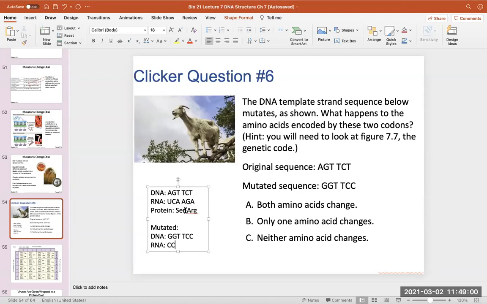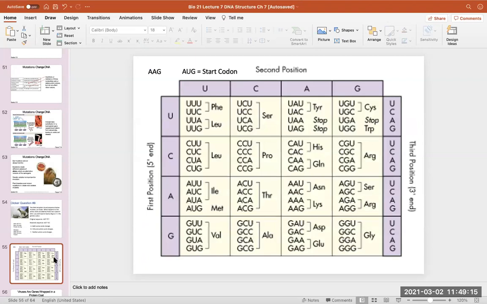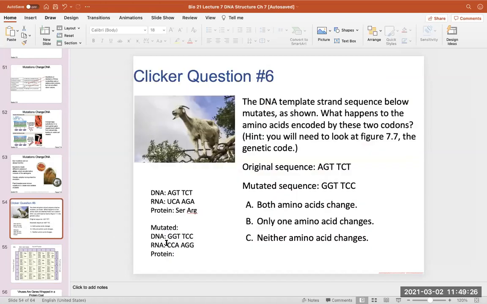C, C, A. And for TCC, A, G, G. For protein, now you go to the chart, CCA. The first letter C, so you're looking in this row, and the second letter C, so you're looking in this box. CCA stands for PRO. So that's your first protein.